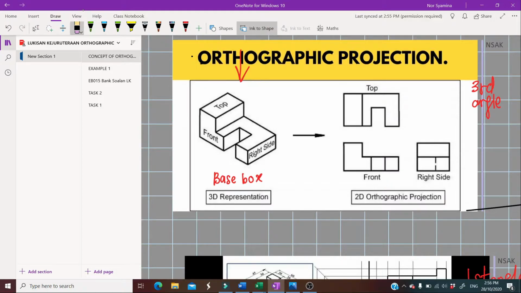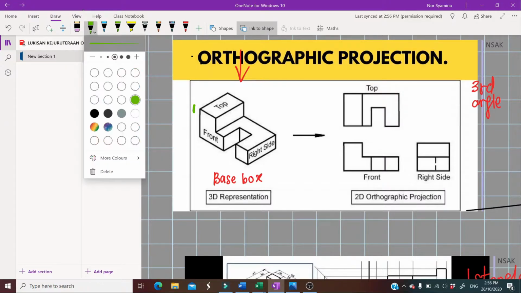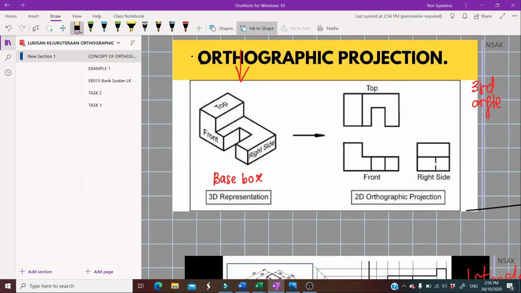2D orthographic projection. For example, if this is the top view, do you know where this point is in the original object? That is what we're going to do. For example, if I were to annotate, I can say that this is point 1.